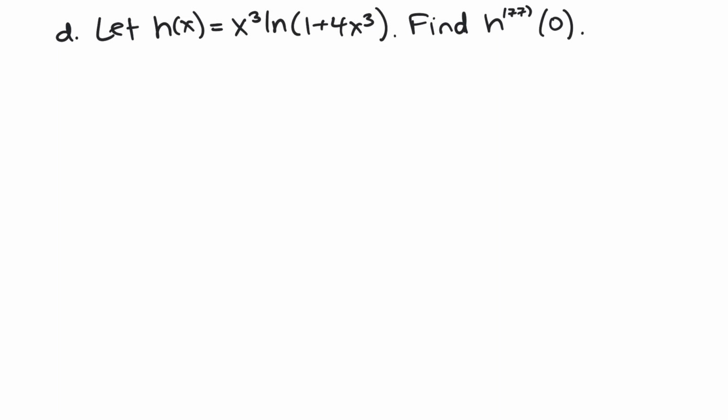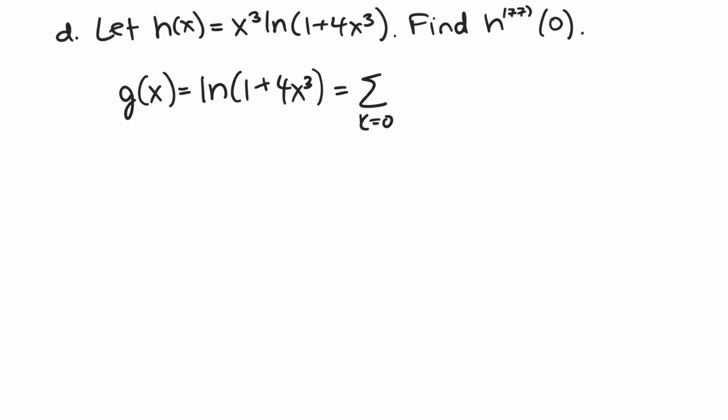So we know from the last problem that g of x equaling natural log of 1 plus 4x cubed has a Taylor series of the sum k goes from 0 to infinity of negative 1 to the k, 4 to the k plus 1, x to the 2k plus 2, all over k plus 1.